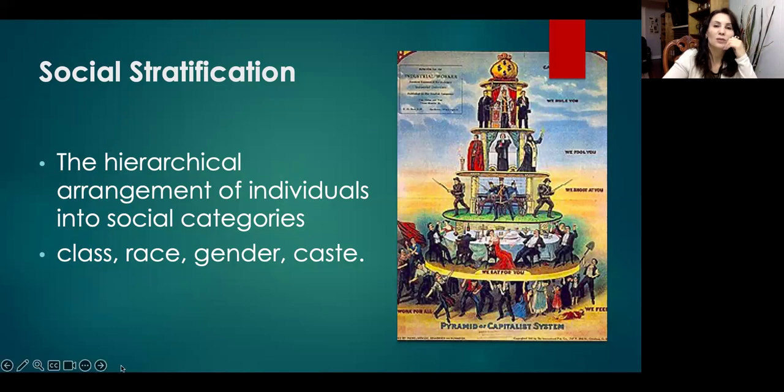Also, this stratification can be based on class, race, gender, caste. These are some of the elements of social stratification. For example, when it comes to gender, gender roles developed historically, and in today's society, we have achieved a lot.